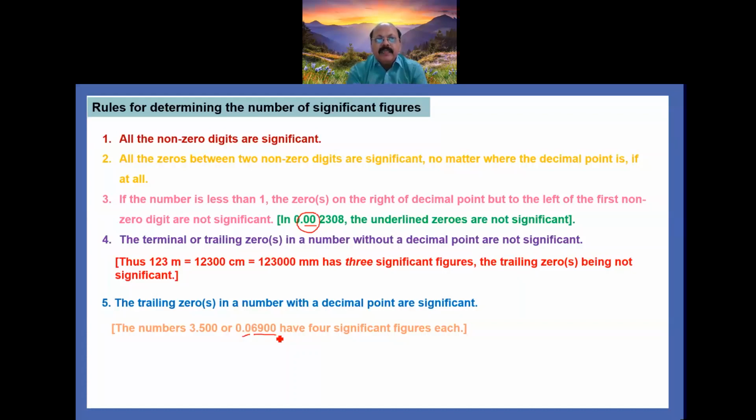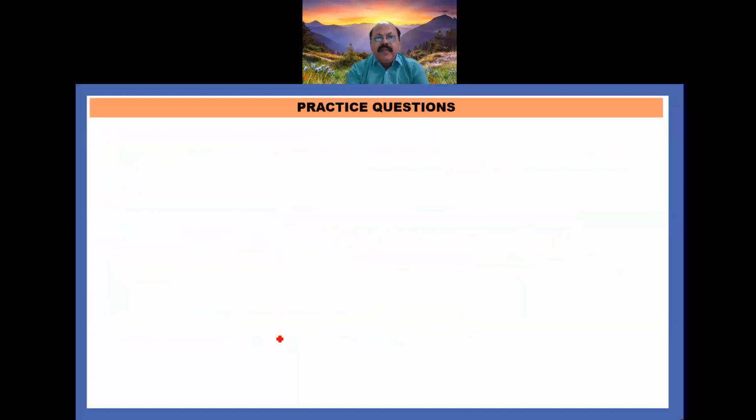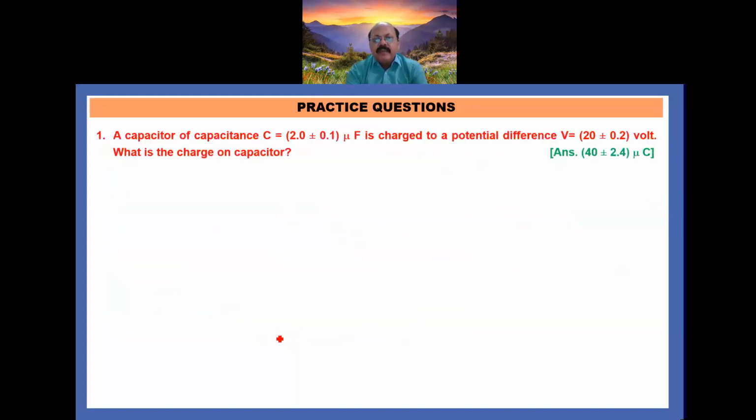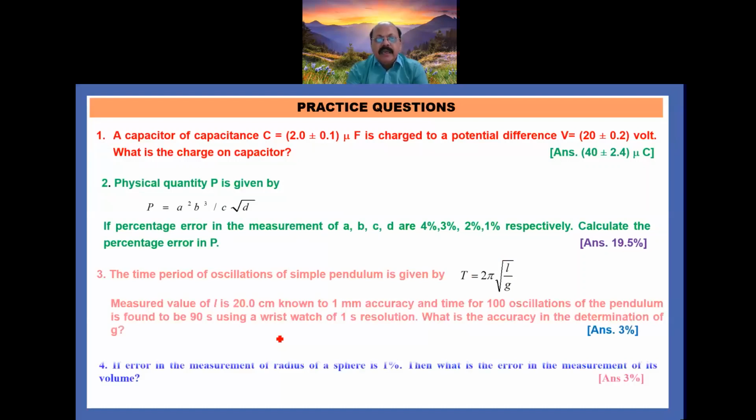You remember these rules for determining significant figures. There are 4 practice questions, and you solve these practice questions by applying the concepts you learned in this video, so that you can understand how much you have learned.